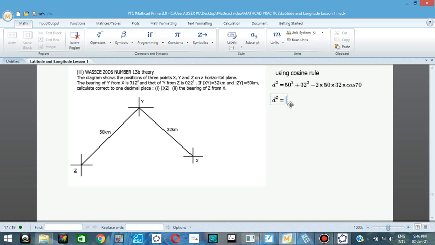So this is now going to give us, let me use my calculator to simplify this further.